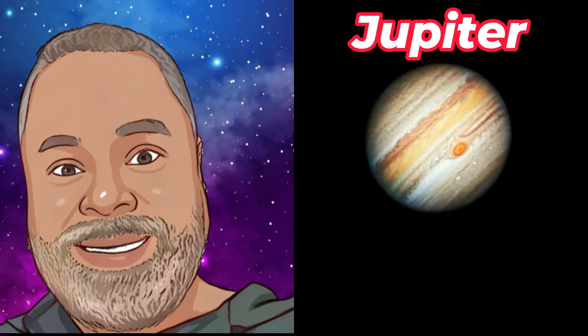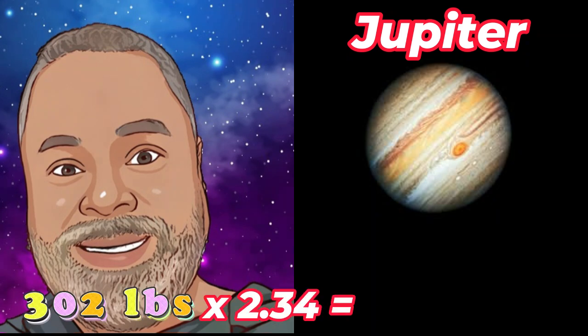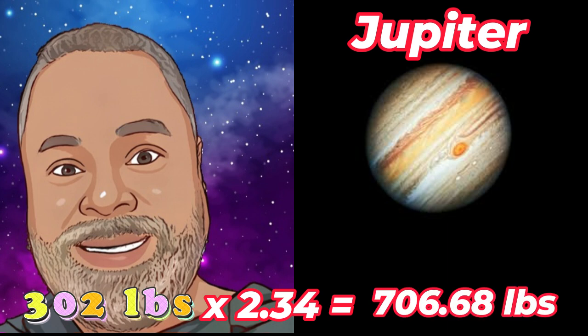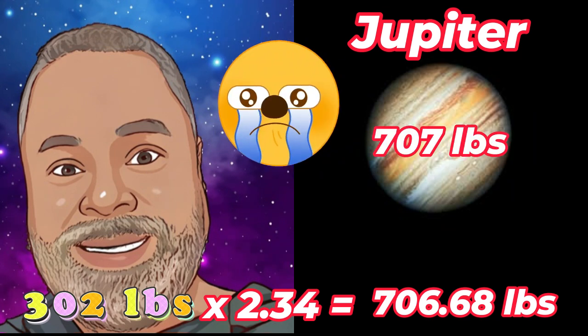On Jupiter, you will multiply 302 pounds times 2.34, which is equal to 706.68 pounds, which is roughly 707 pounds. I'm glad I don't live on Jupiter.